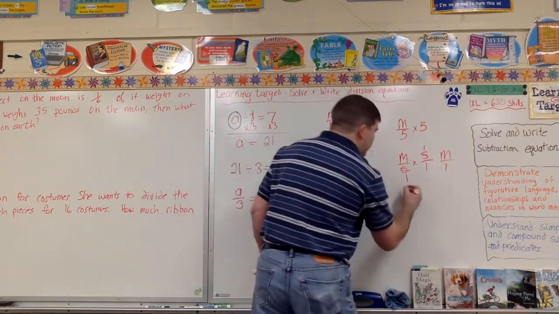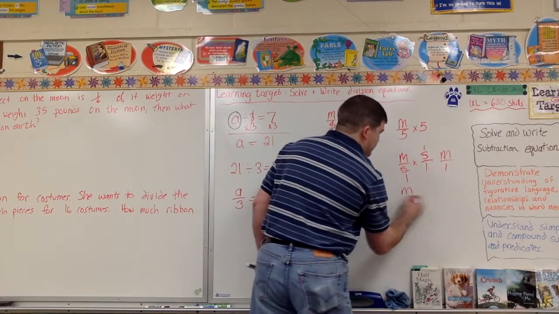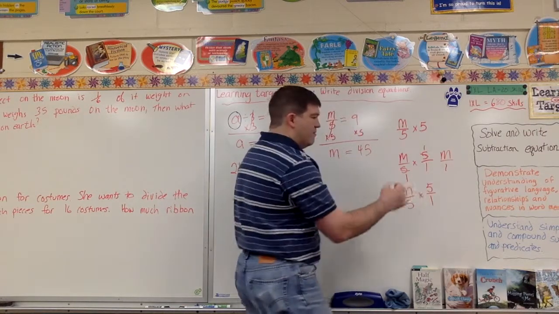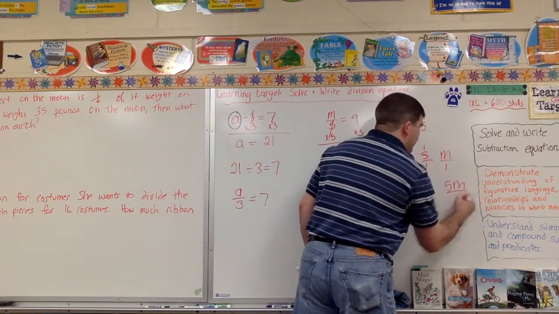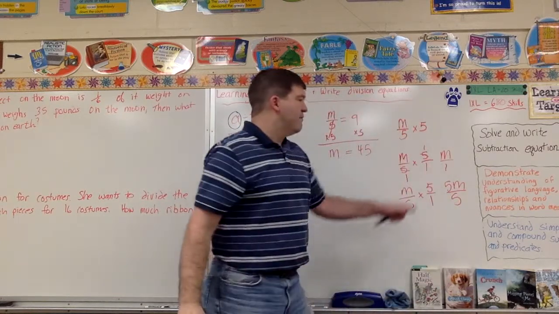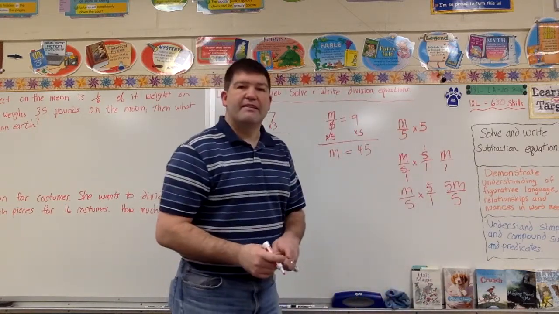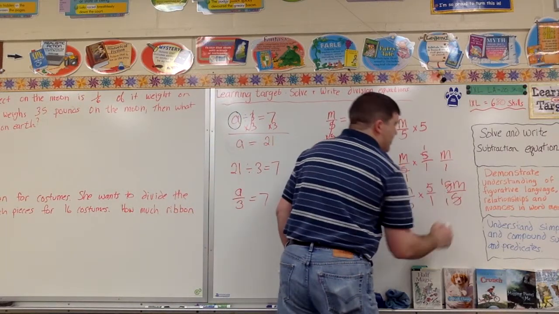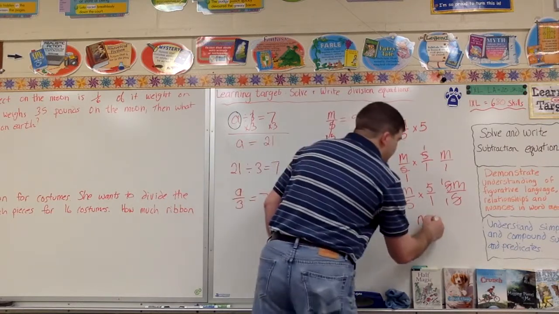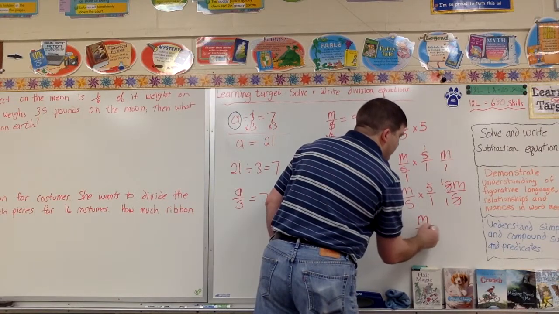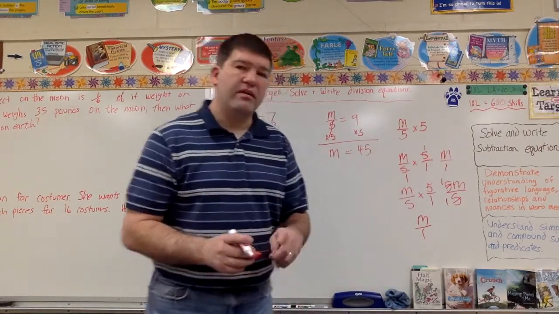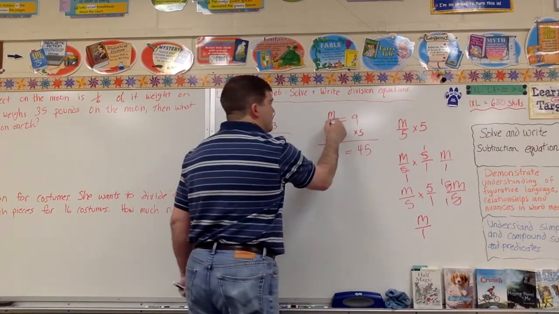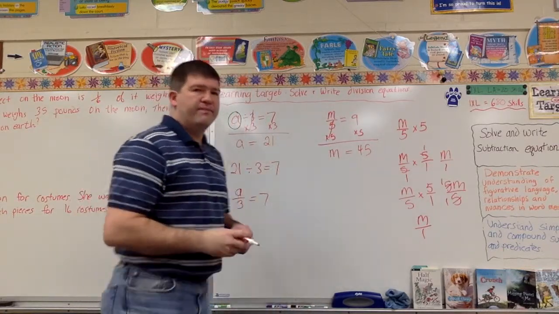Or, if I don't cross reduce those, I go ahead and multiply it, so it's 5m over 5. And 5m over 5, I can simplify that. This becomes a 1, that becomes a 1, it becomes m over 1, and m over 1 is just m, okay? So that's how the division and the multiplication, they cancel each other out.